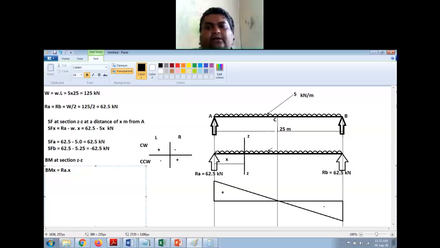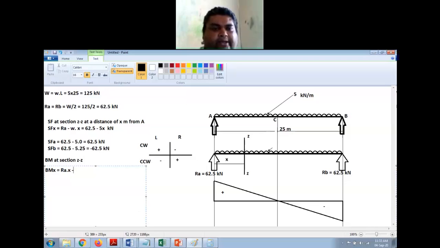Then this much of UDL, that is W into X, is the UDL which is there in this section. This is always acting in the downward direction. Force is acting in the downward direction, so it is making a counterclockwise moment on the left side of the section. Left side counterclockwise, so it will be negative.